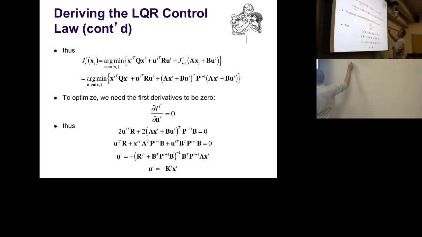J star now equals the optimum here, argmin of x i transpose Q x i plus u i transpose R u i plus J star at time step i plus 1 of our model.